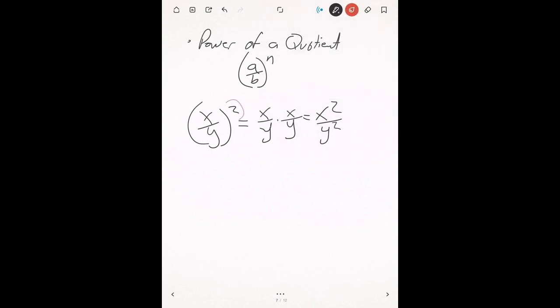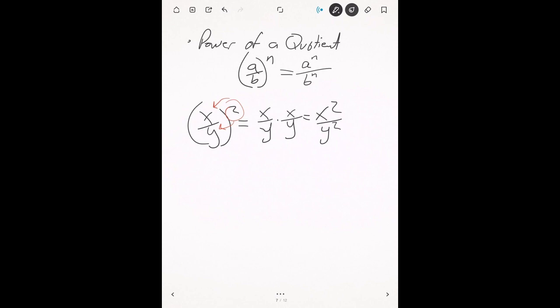Notice how we took this 2 and we applied it to the numerator and the denominator? Well, there you go. That's the property. If you take some kind of ratio or some type of fraction, a over b, and you raise that entire fraction or that entire ratio to an exponent, you can take that exponent to the numerator and the denominator.